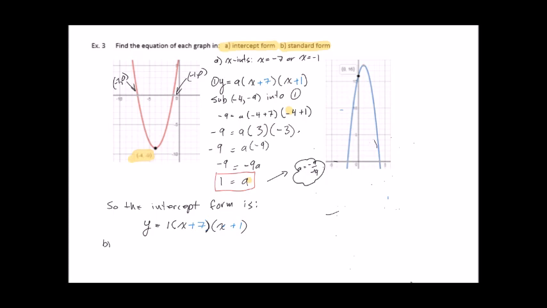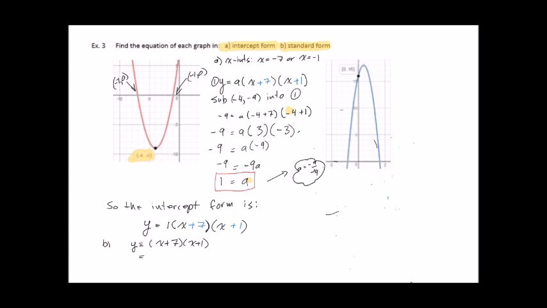So B is asking for the vertex form of our parabola. Oh, the standard form of our parabola. So when we do the standard form, all we have to do is expand this equation. You start with y is equal to (x plus 7)(x plus 1).